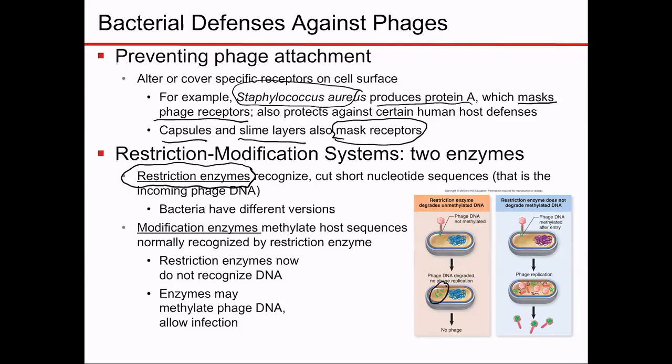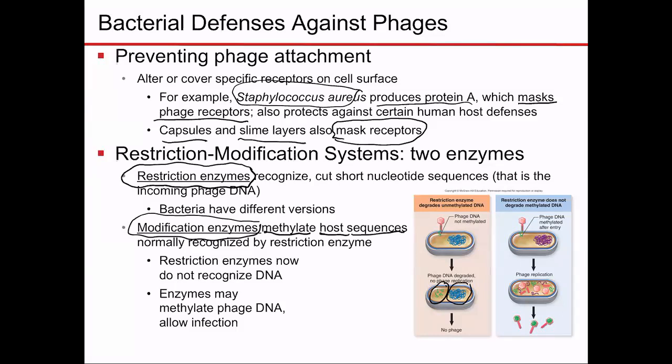Now, those sequences that the restriction enzyme recognizes could also be present in the genome of the cell. However, the reason why these restriction enzymes are not able to destroy the genome of their own cell is because the cell has modification enzymes that are in charge of methylating those sequences that can be targeted by the restriction enzymes.